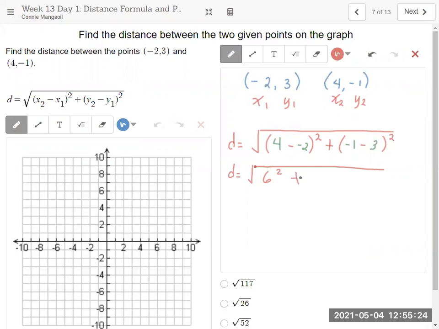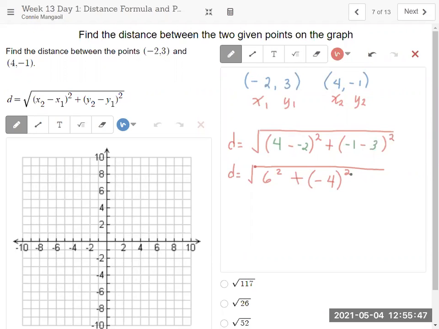Okay, the other part for the y, you have negative 1 minus 3. What's negative 1 minus 3? Negative 4. Okay, it's negative 4. So you have negative 4 squared. If you're not sure, class, of your answer, use the calculator. Okay?